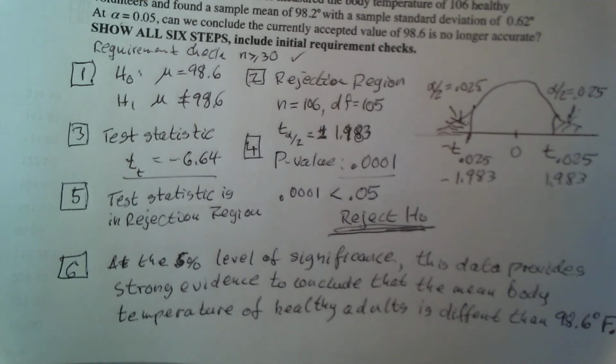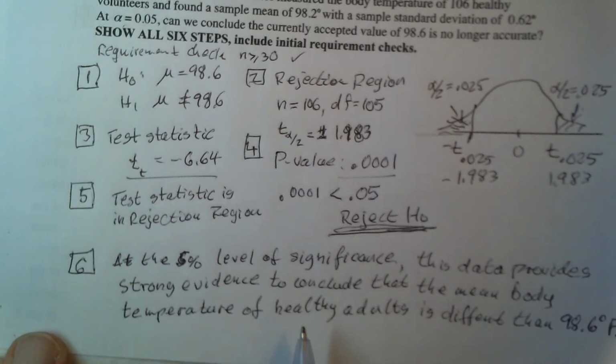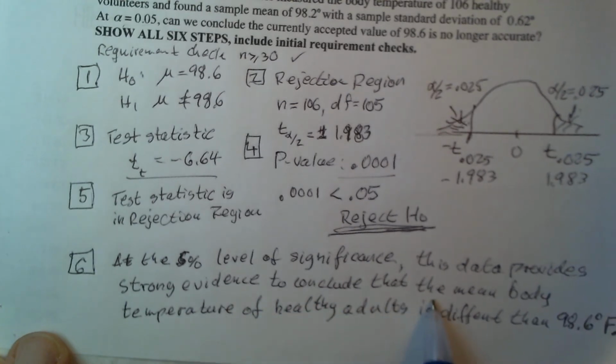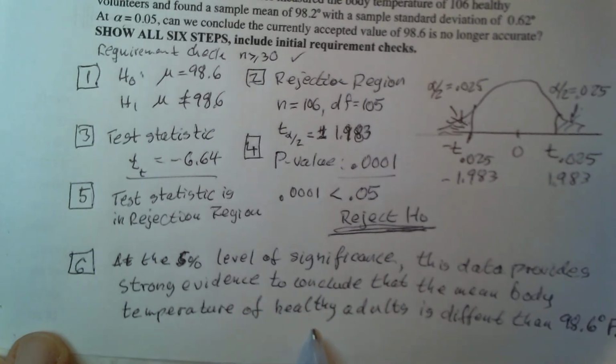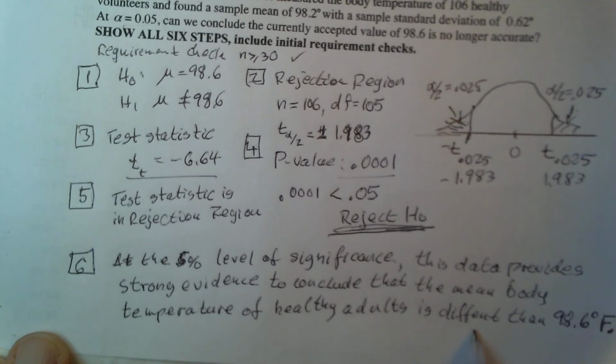Again, here's a concluding statement. At the 5% level of significance, this data provides strong evidence to conclude that the mean body temperature of healthy adults is different than 98.6 degrees Fahrenheit.